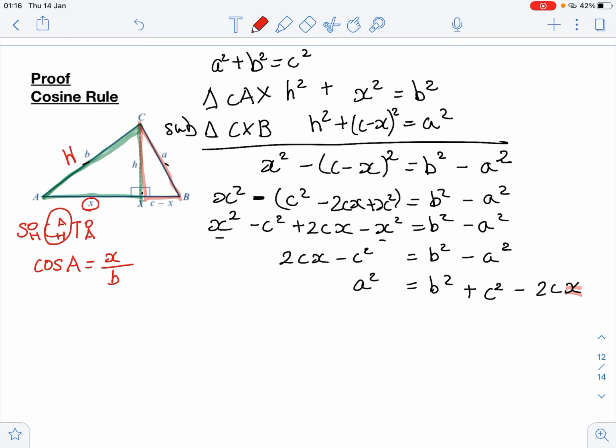So this is our hypotenuse, and we want to find out what cos A is.